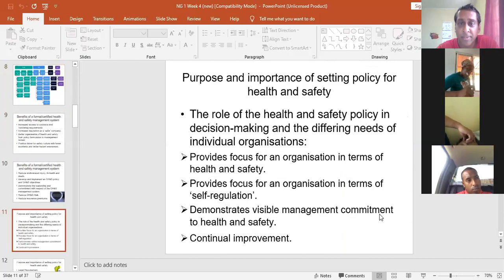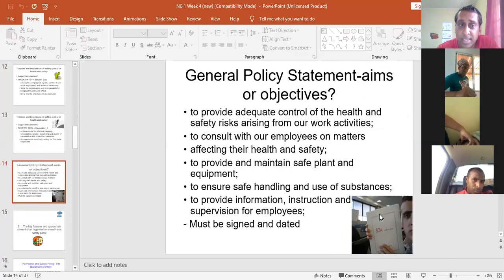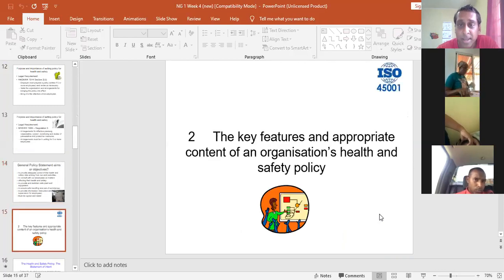And then from there, we started to look at the requirement for having a policy. The legal requirement is on this slide, section 2, subsection 3 of the HSW Act 1974, which says if the employer has 5 or more employees, they need to have the policy in writing. And from there, really simple, we went into the 3 pieces of the policy, which you keep seeing on the diagram: the statement of intent, the aims of the company, right?